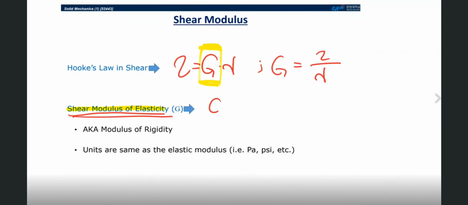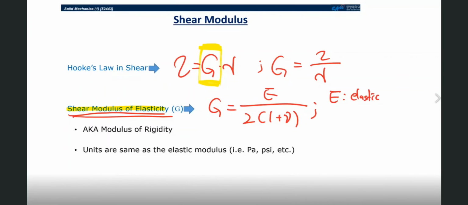So here G is equal to E, which means the elastic modulus, over 2 times 1 plus nu. So again, E is what? Elastic modulus. And nu is Poisson's ratio.